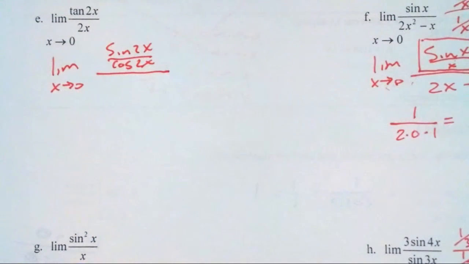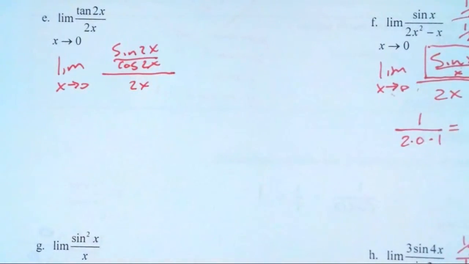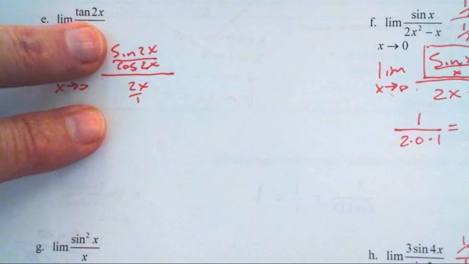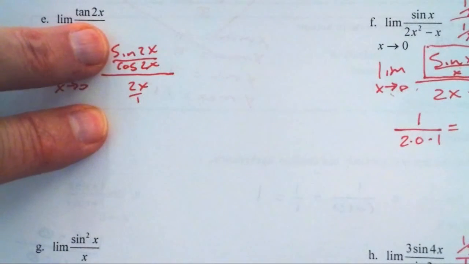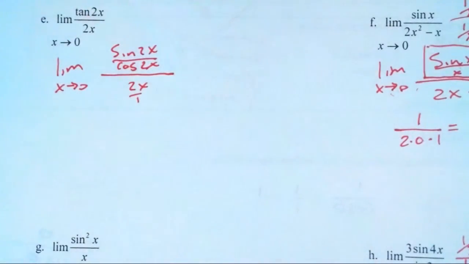Big fraction line. Guys, I'm emphasizing that. If I can't tell which one's the big fraction line, pretty hard to grade. All on 2x. And if you like, I'm going to make that 2x on 1. Because times 2x on 1, or divided by 2x on 1 is the same as times 1 on 2x.